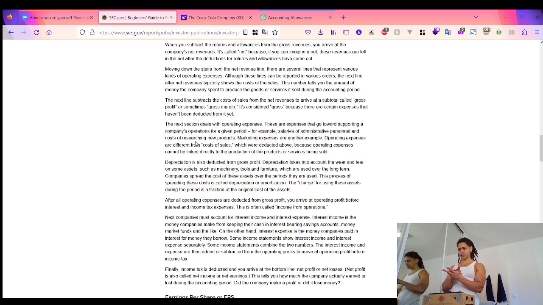I would like to identify this. So salaries of administrative personnel, cost of researching new products, marketing. Operating expense is different from cost of sales, which was deducted above, because it cannot be linked directly to the production of products and service being sold.